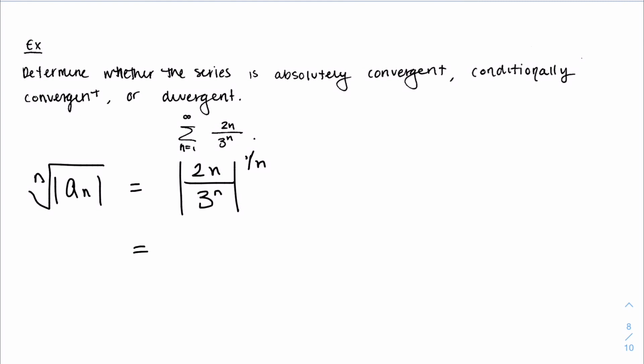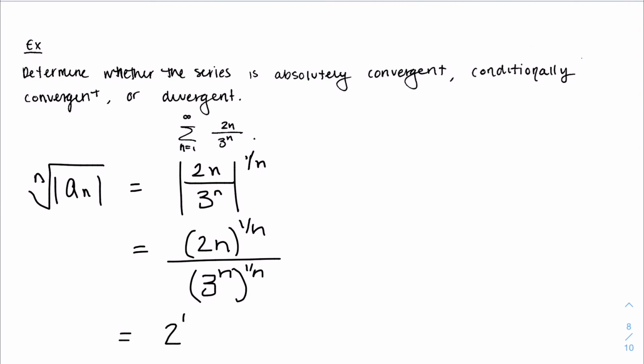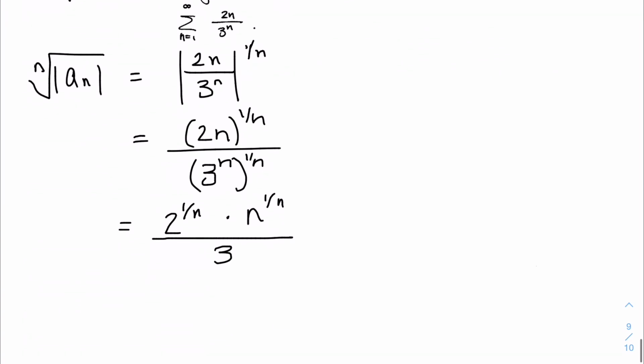And so the absolute value does absolutely nothing. So this is 2n to the 1 over n over 3n to the 1 over n. So that's going to make those cancel in the bottom, and you can also split this. This is 2 to the 1 over n times n to the 1 over n. And then in the bottom, those cancel, and you just get 3 to the first power.